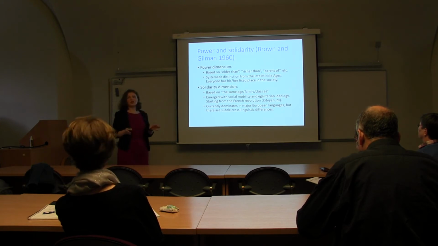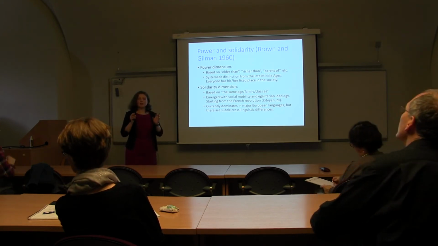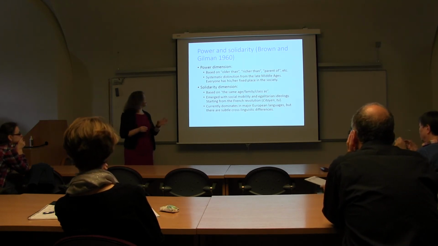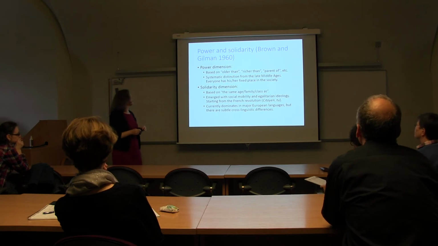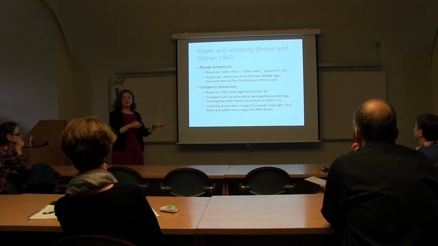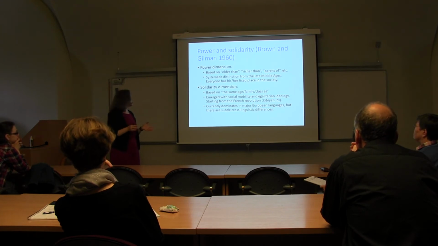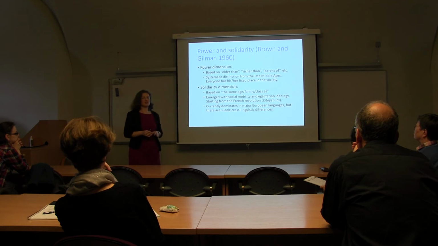The power dimension focuses on asymmetric relationships between people: who is older, who is younger, who is richer, who is poorer, who is a parent, who is the child, right? And they show that there is a systematic TV distinction according to this dimension from the late Middle Ages, when everybody had a fixed place in society.